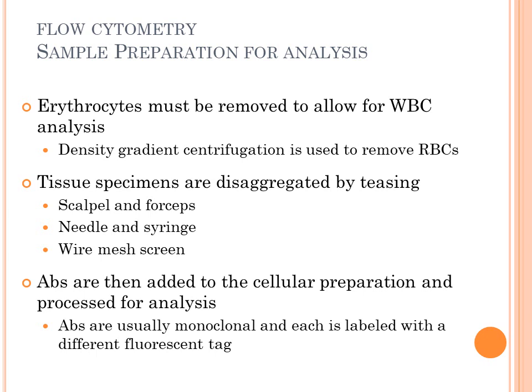After this processing is done, then antibodies are added. These are going to be labeled antibodies, most commonly with a fluorescent tag, and these are going to be almost always monoclonal antibodies because we want them very specific for the particular CD marker or other analyte that we're testing for.